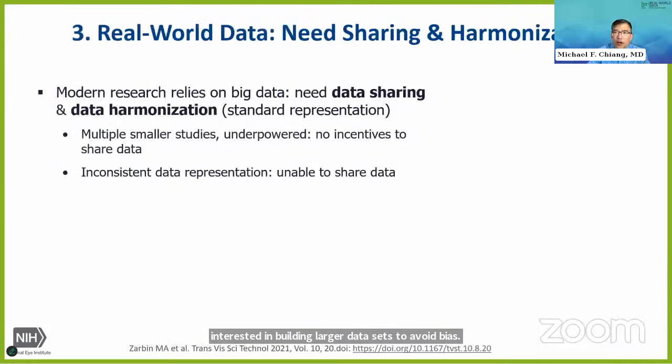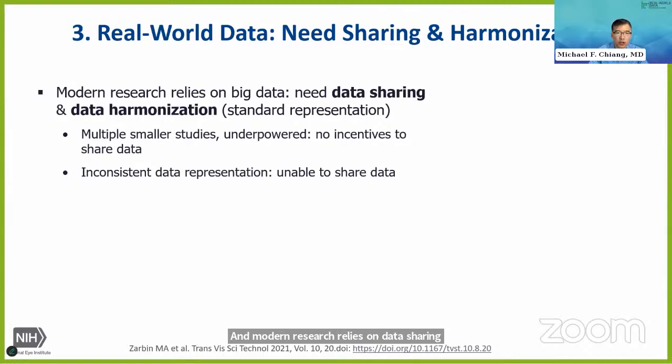The third point that I want to make is how important it is to have data sharing and data harmonization for real world data. Okay, the reality is that most people do not have $100 million to build flagship data sets, and modern research relies on data sharing and harmonization.